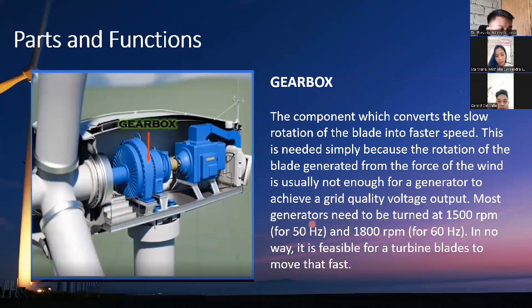Most generators need to be turned at 1500 RPM for 50 Hz and 1800 RPM for 60 Hz. In no way is it feasible for turbine blades to move that fast.